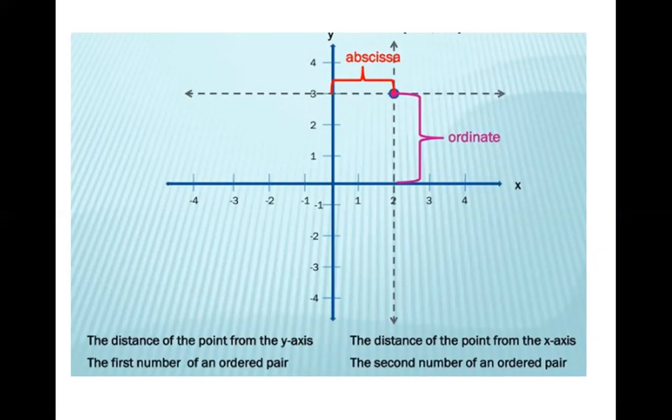The x-axis and y-axis divide the xy plane into four parts called quadrants. The quadrants are numbered counterclockwise from 1 to 4.